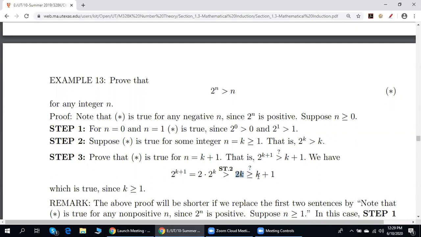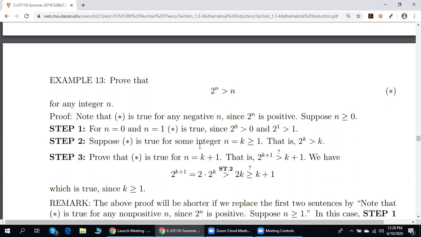Why is 2k greater or equal to k plus 1? Because if you subtract k from the left-hand side and from the right-hand side, on the left-hand side, you will get k. On the right-hand side, you will get 1. You will get this. Is k greater or equal to 1? Yes, it's written over here.